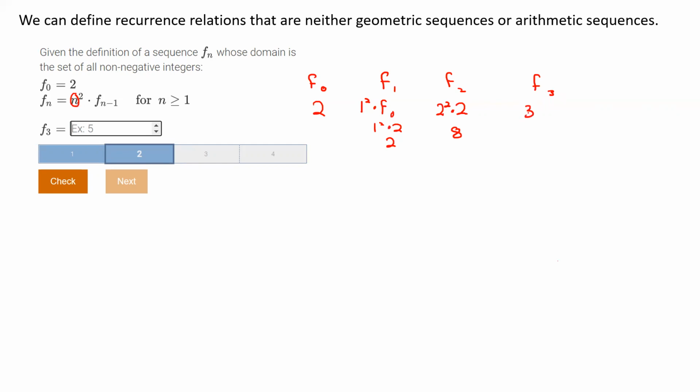So we're going to have 3 squared times the previous term. So we're going to have 9 times 8, which is actually equal to 72. So I'm just finding what these are all equal to here. So we would eventually get 72 for F3. So you would go in here and put a 72 in that box right there if it asked to find F sub 3. Okay, hopefully that makes sense.